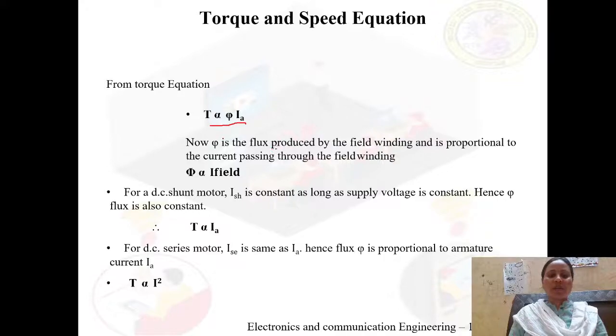The flux produced by the field winding always depends on the current flowing through the field winding, right?